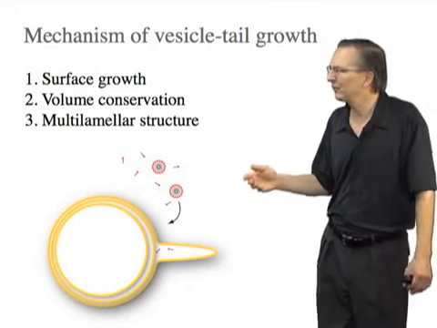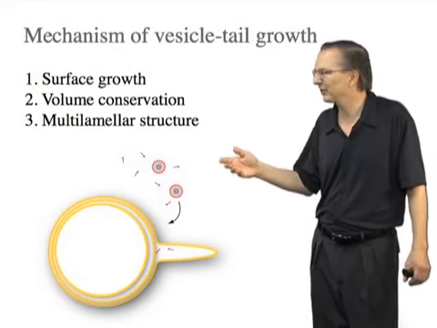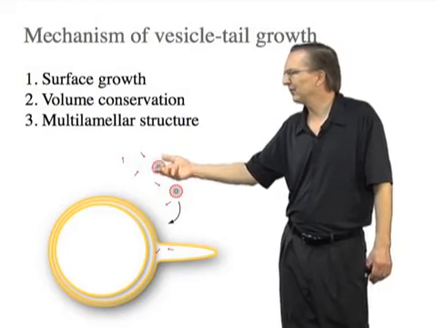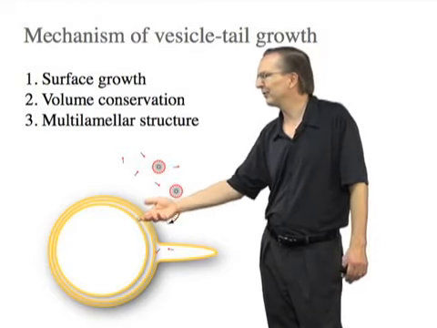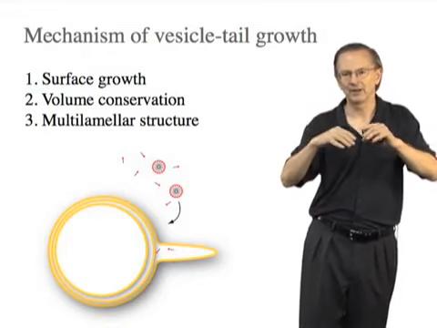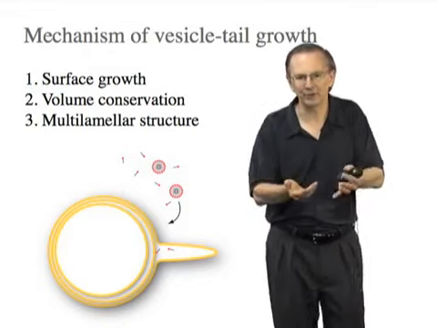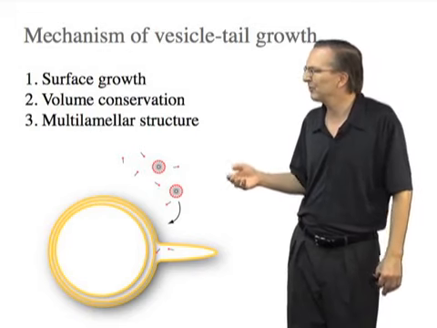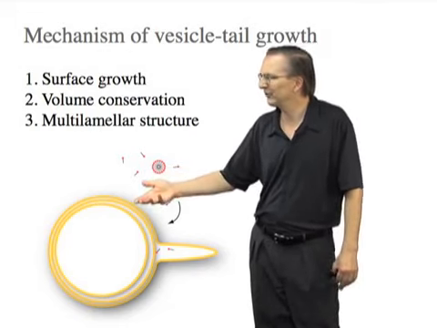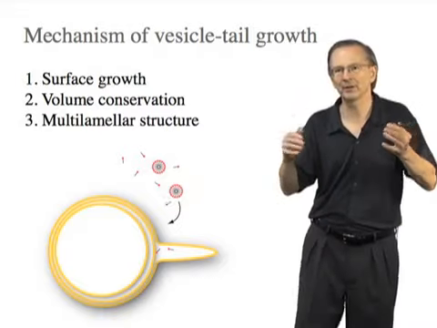The other and somewhat surprising factor that's critical is the multilamellar structure of these vesicles. So these large vesicles tend to have several bilayers closely opposed as their outer structure. What we think happens is that when we add food molecules, they first integrate into the outermost bilayer.